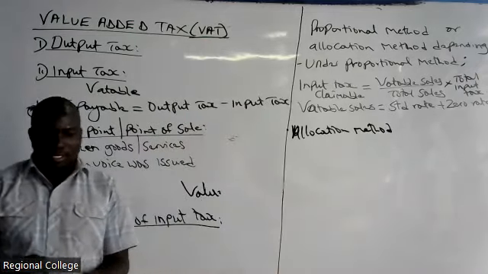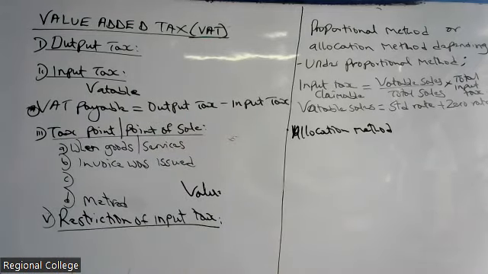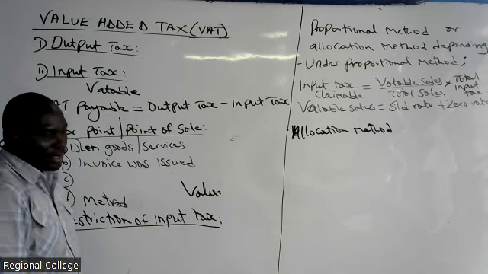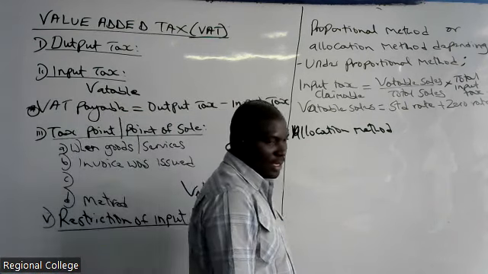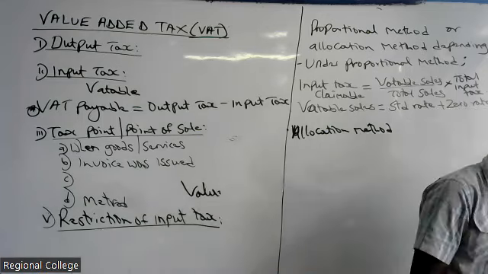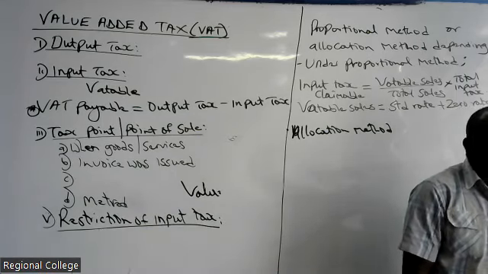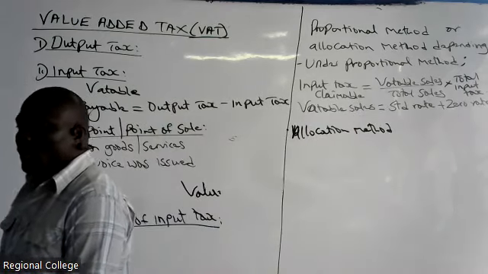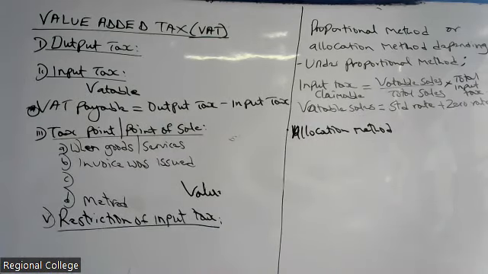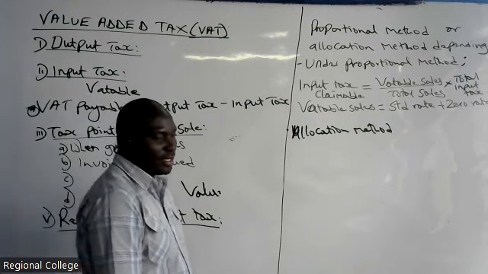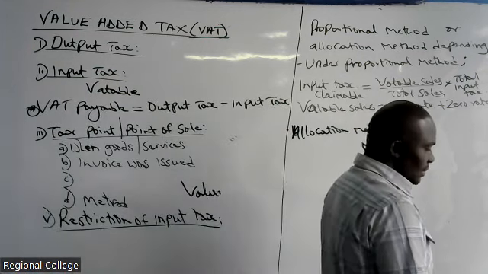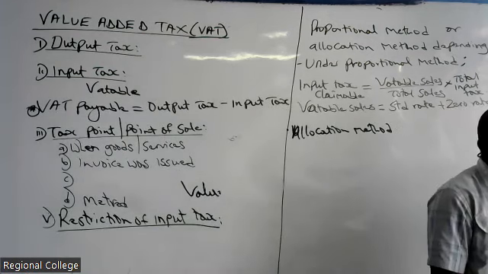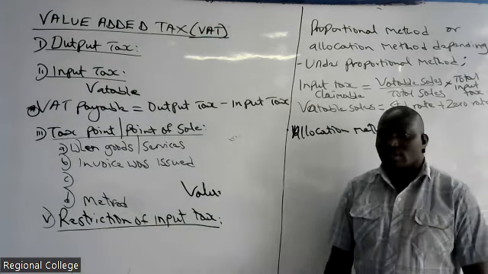Allocation method is used where there is an account of items that were bought and sold at standard rate. So they are not mixed up.